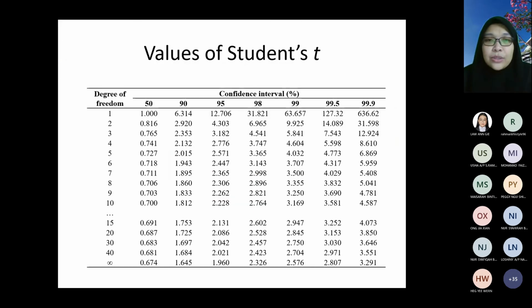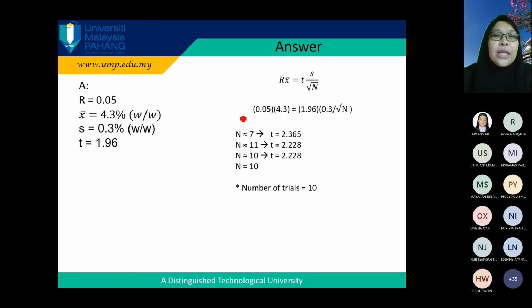Okay, this is the table, student's T table. We need to find on 95% confidence interval. So what is our degree of freedom? Okay, so this is the answer. This is the equation.